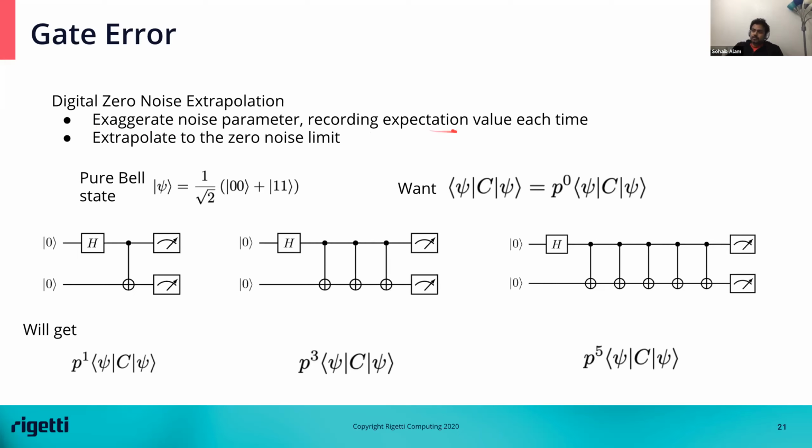And once we do this for several values of the noise parameter, we can infer our way backwards and say, okay, if this is what the value looks like at very large values of the noise parameter, then maybe I can infer what it looks like for very low values of the noise parameter. And so extrapolate to the zero noise limit.